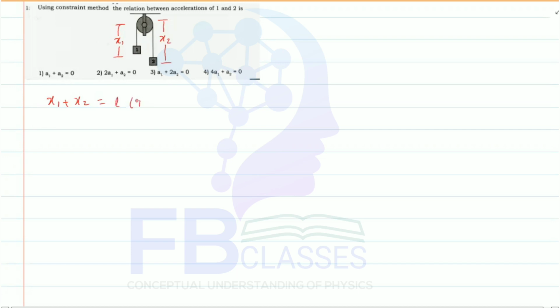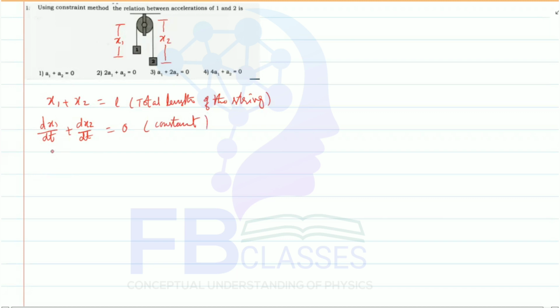L is a constant, yes or no? The length of the string will not be changed. Now if you differentiate on both sides, dx1 upon dt plus dx2 upon dt is equal to the differentiation of a constant, which becomes 0. We know very well, yes or no? Because L is a constant value, right?